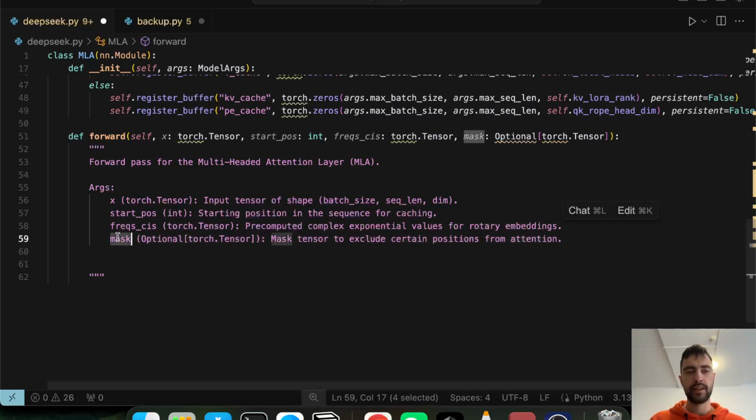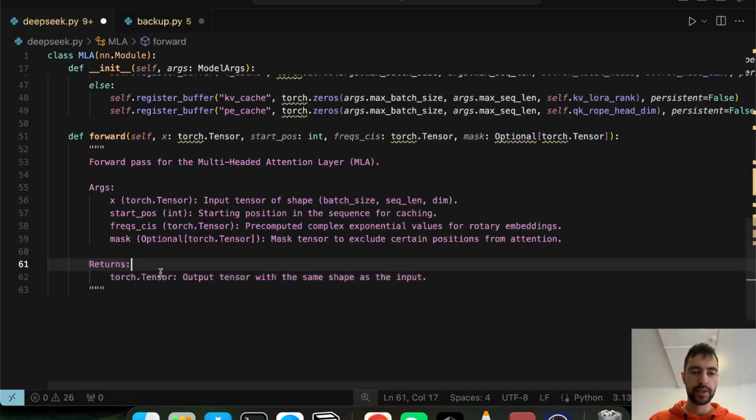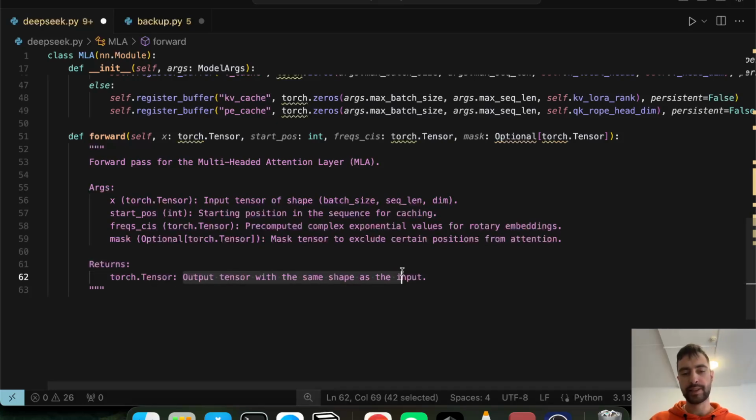Then mask, this is masking future tokens. Whenever one token is attending with the query and checking the keys of other tokens, we don't want it to check the keys of future tokens, just the previous tokens. Returns: output tensor with the same shape as input.